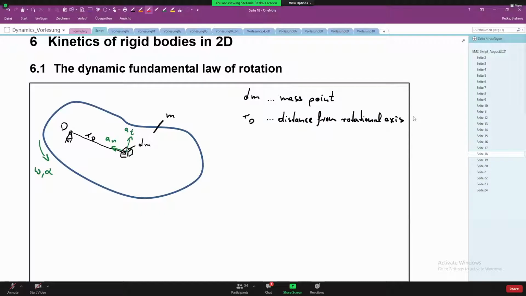Now we want to describe the loads acting on the system, and we want to be able to describe the moment acting on the system due to the rotational motion. Now we can compute the sum of all moments with respect to the rotational axis.